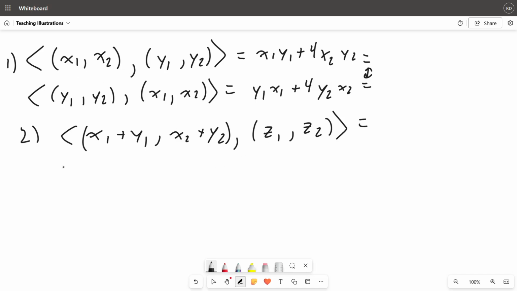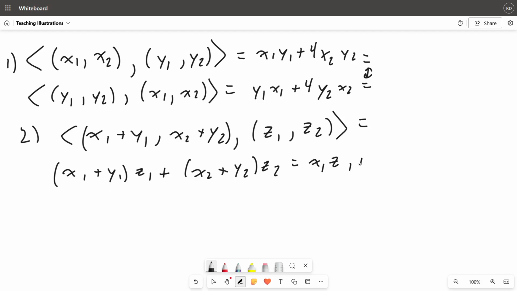Following the rule, we get (x1 plus y1) times z1 plus (x2 plus y2) times z2. Now that we're just in real numbers, we can do whatever we want according to the usual rules of algebra. That's what tends to happen with these complicated structures. We try to reduce them down to something we already know how it works.